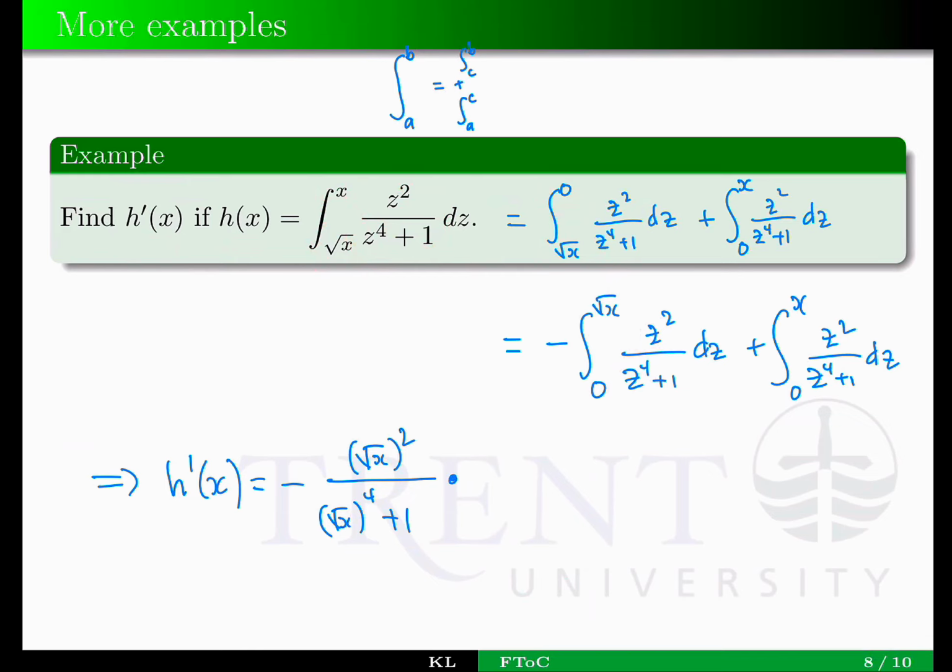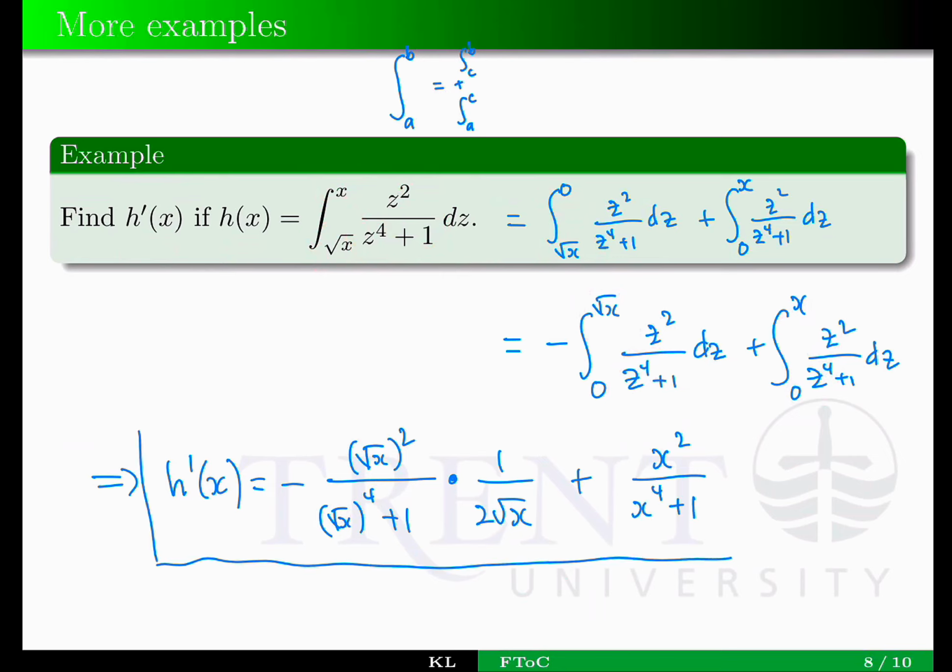Then by chain rule, we need to multiply by the derivative of square root of x. That will be 1 over 2 square root of x. So this is this guy after derivative. Then the other one, plus, this is simple x only. So we just replace the z here with just x. So plus x squared over x to the 4 plus 1. So this is the derivative of h.